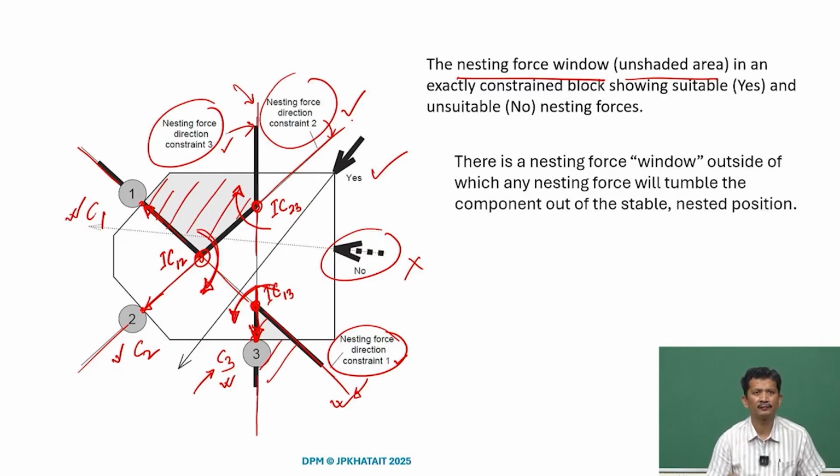Any external force, any nesting force we want to use, we have to understand that all these three conditions should be met together. Only then will we get contact with all three contacts, three posts.